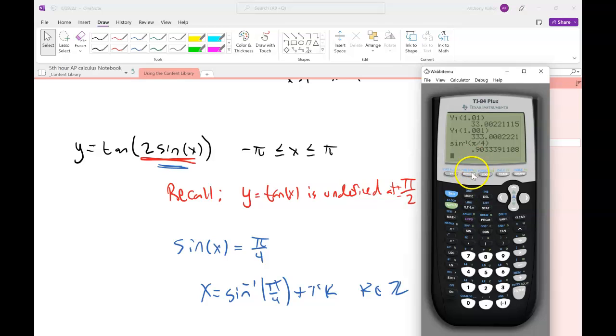Oh, it also only wanted us to go from negative pi to positive pi, right? So here's the 0.903. So we got 1, 2, 3, 4 inside of pi.